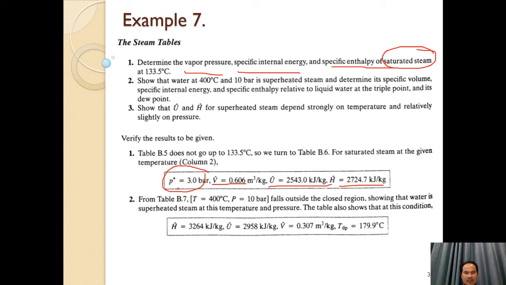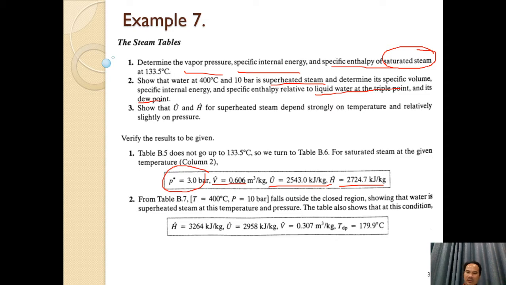How about question 2? Show that water at 400 degrees Celsius and 10 bar is in the superheated state, and determine its specific volume, specific internal energy, and specific enthalpy relative to liquid water at the triple point. For this case, at temperatures higher than 350, you have to use table B7.